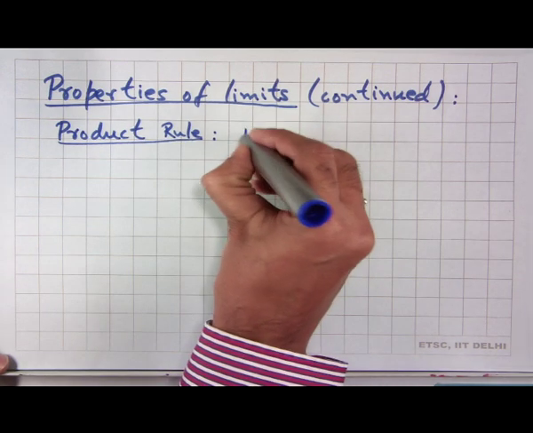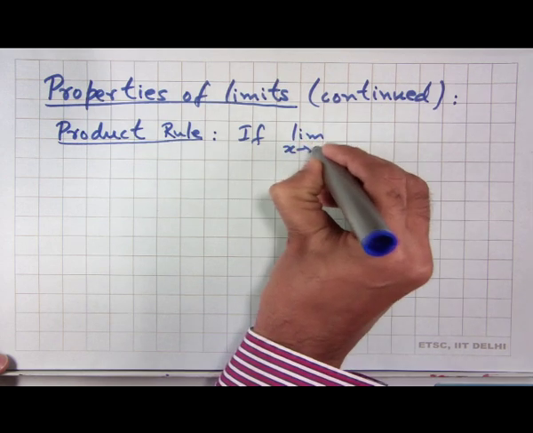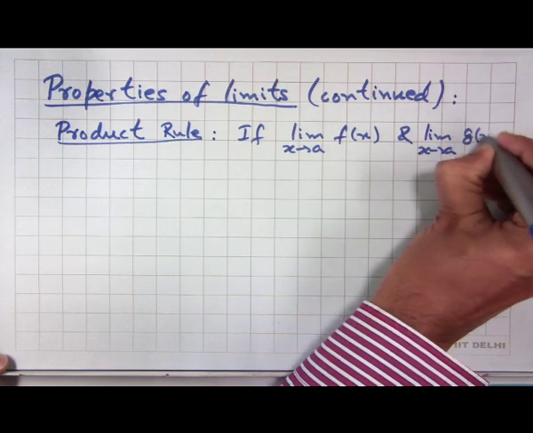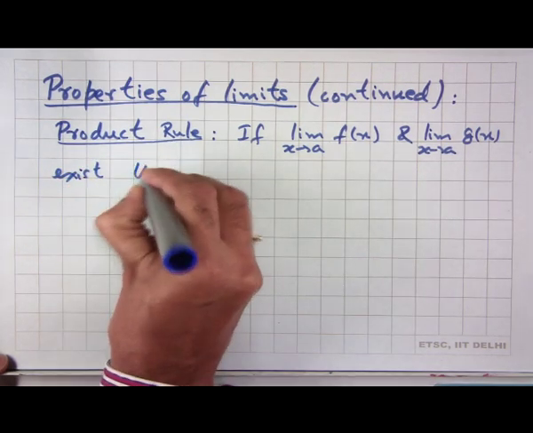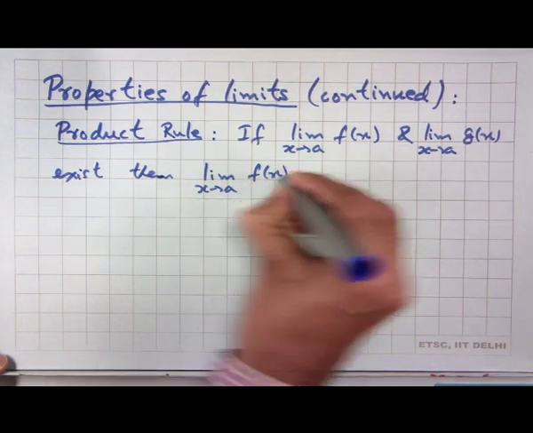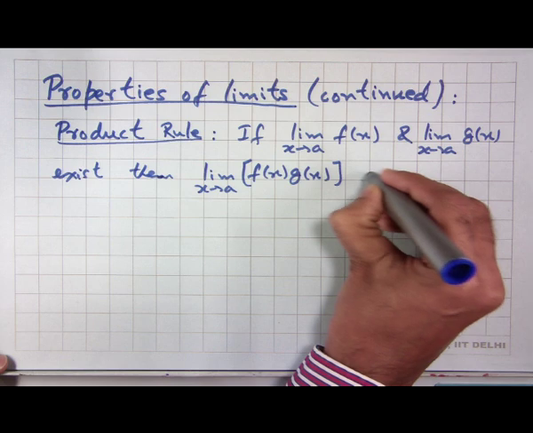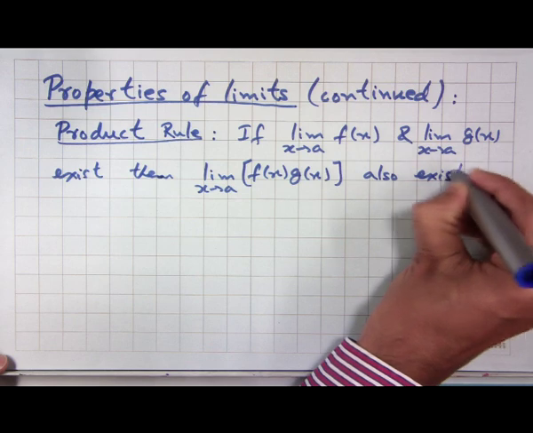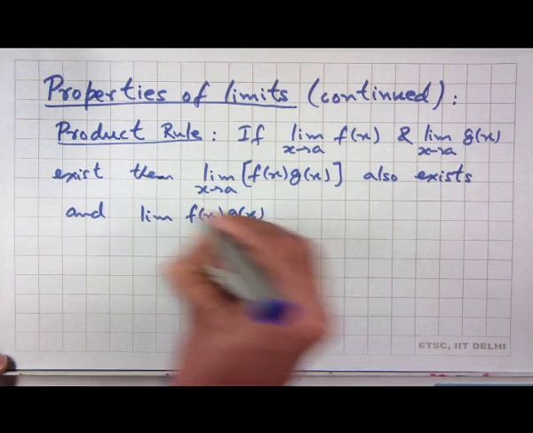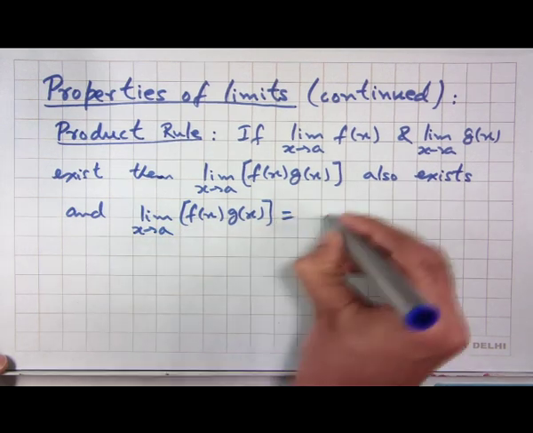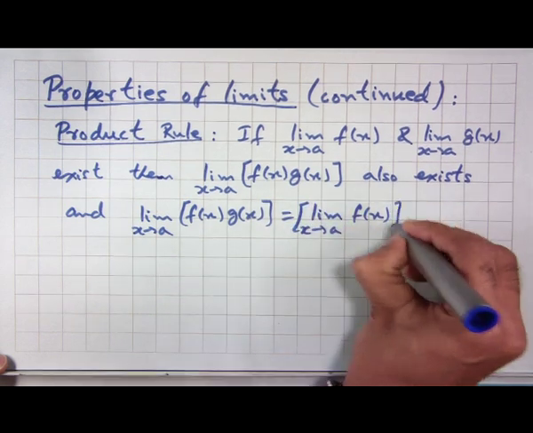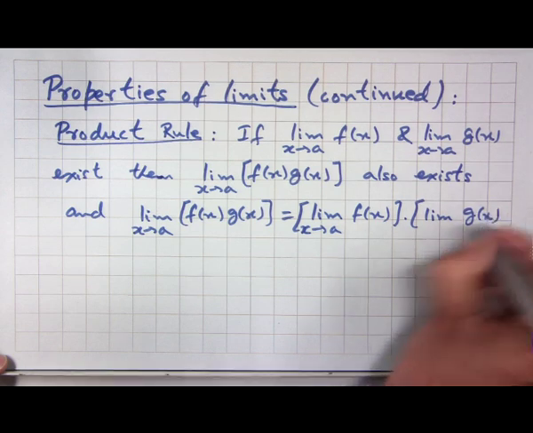This simply says that if limit of x going to a f of x and limit of x going to a g of x exist, then the limit of the product function f x times g x also exists, and the limit of the product is equal to the product of the limits, limit of f of x times limit of g of x as x goes to a.